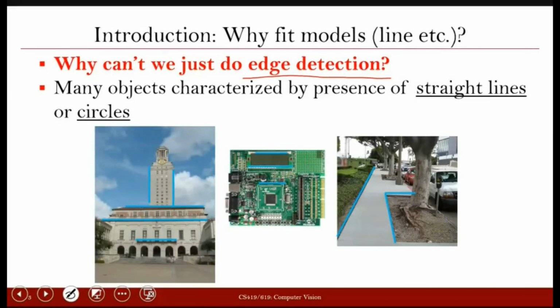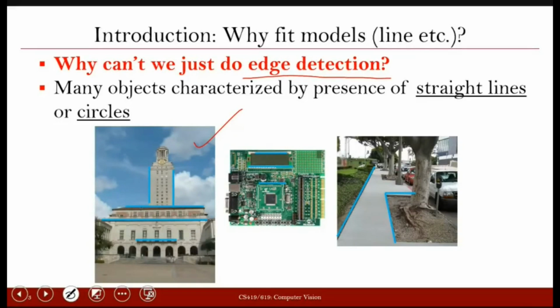Okay, for example, let's say your objective is to differentiate between the forest and man-made buildings. Okay, so we know that if you do the edge detection of the forest image and edge detection of the man-made structure like this kind of building, then in the building you will find linear structures. In the forest, you will not find any linear structure.